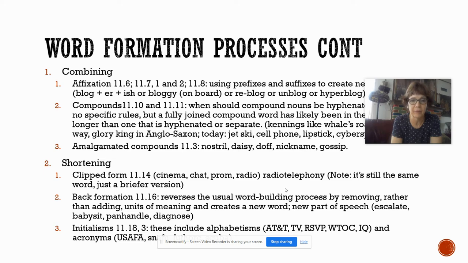So it was a noun first, and then we took away the ER ending and we turned it into a verb. And that is called a back formation, where instead of building onto a word to create a new word, we take away from a word. So 11.16 gives you some other examples here of back formations. And then let's get that out of the way.